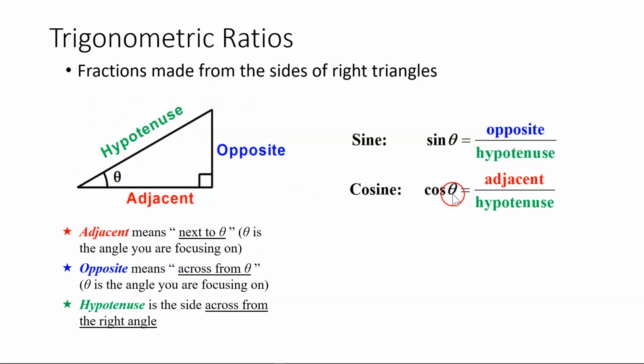Cosine of the angle equals adjacent over hypotenuse. And the last one is tangent, which is the opposite side divided by the adjacent side. Tangent of the angle is opposite over adjacent.